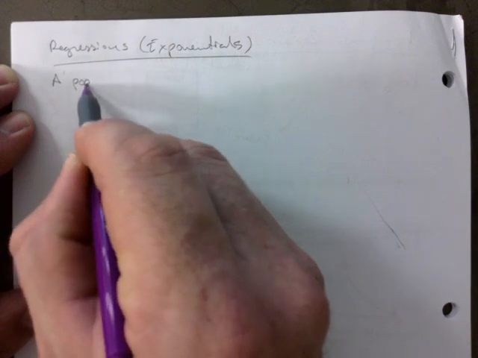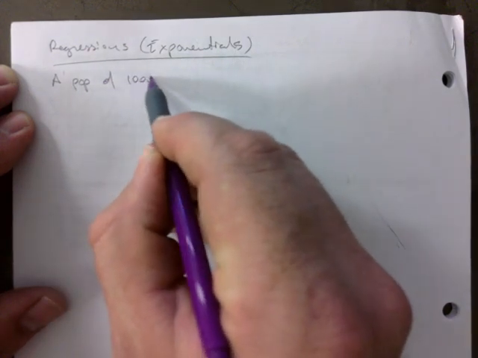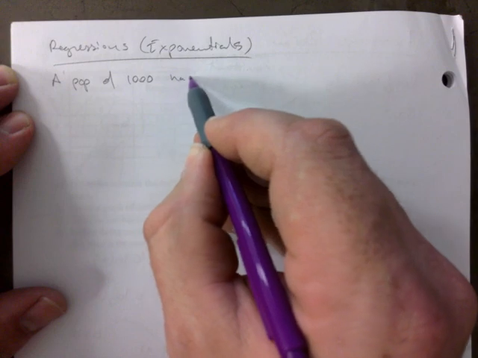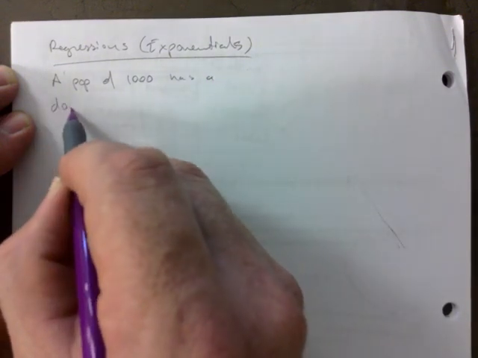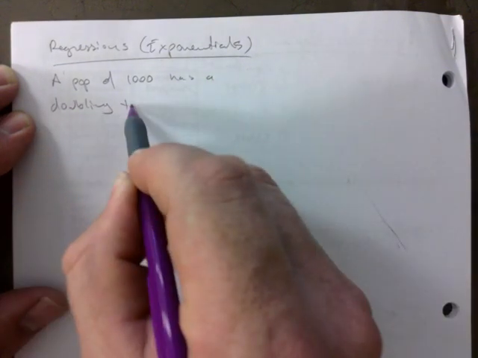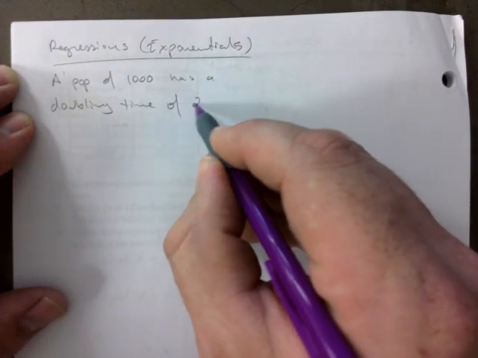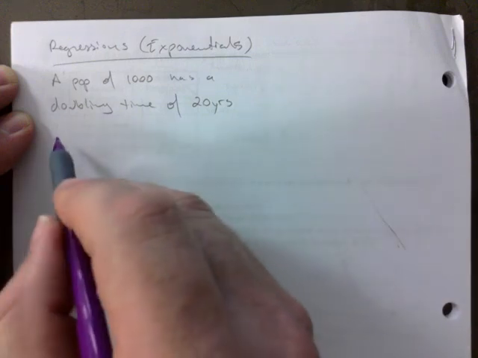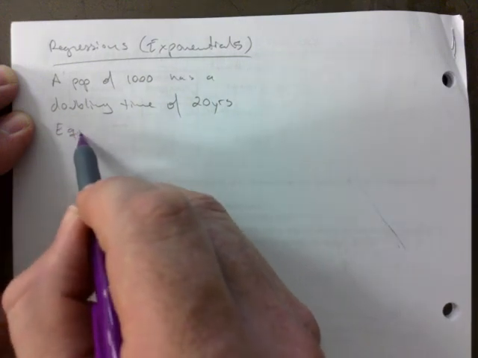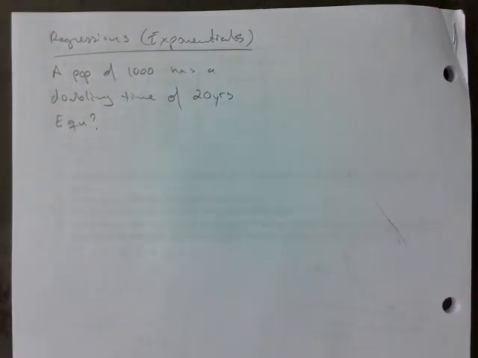A population of, let's say, 1,000 has a doubling time of, let's say, 20 years. How would you figure out the equation? What would you do here?